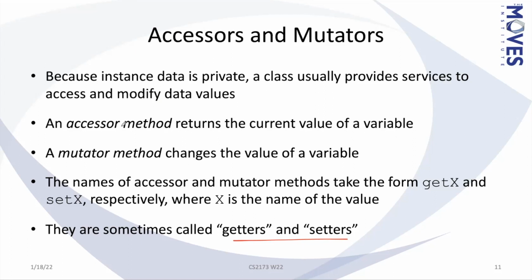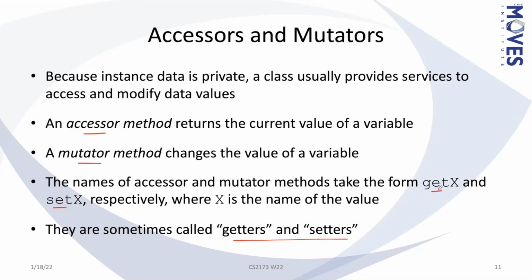Well, again, accessor, which is a getter, or mutator, which is a setter. And Java has conventions for that. So the getter will typically say get blah blah, and the setter, the mutator, will say set blah blah.